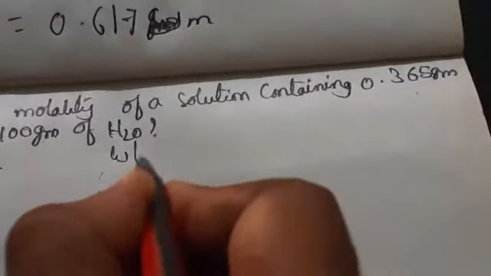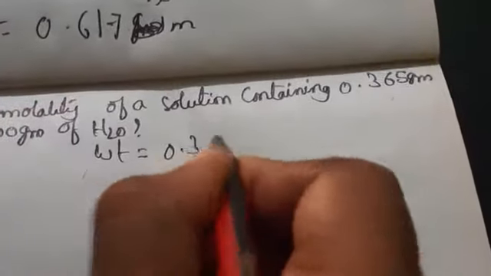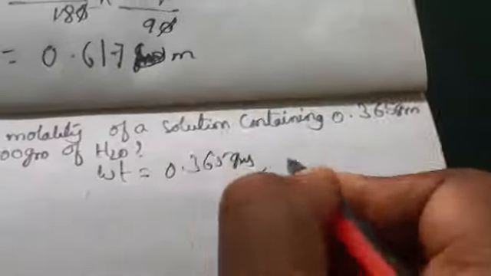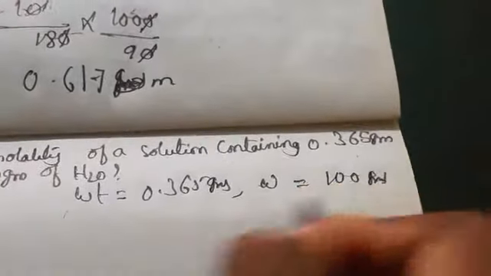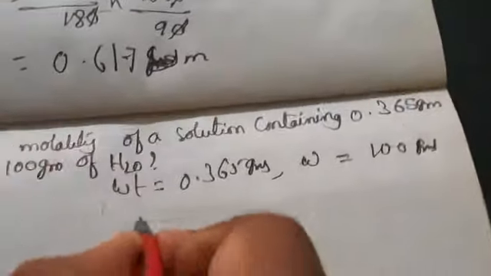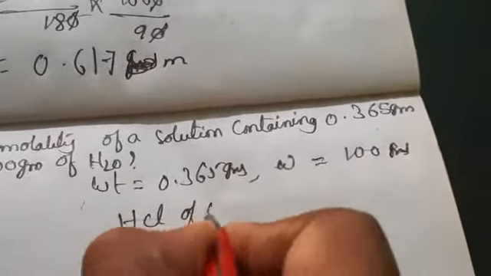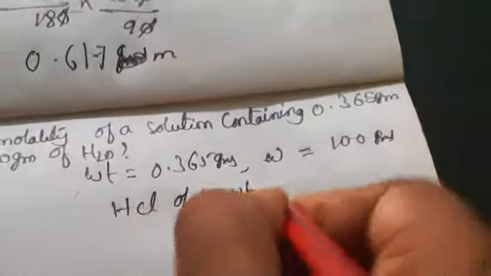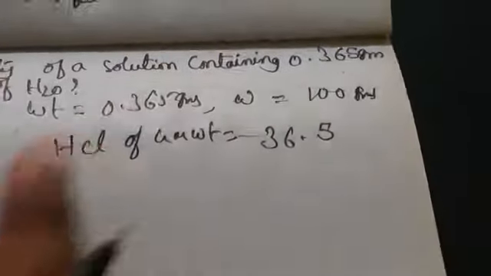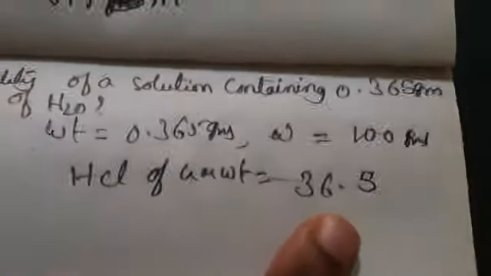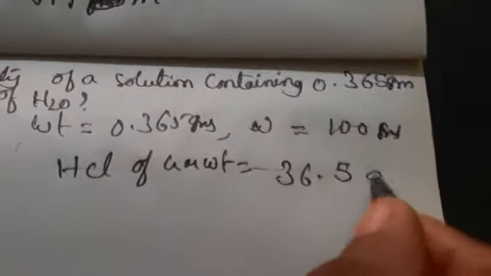Gram molecular weight. Okay, the weight he has given, small w, is 0.365 grams, and capital W is 100 grams. So what is the gram molecular weight of HCl? HCl gram molecular weight is 36.5. Cl has atomic weight 35.5 plus H 1, so 36.5 is the gram molecular weight.